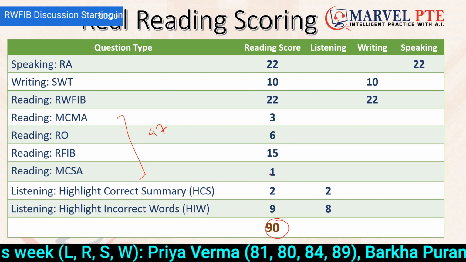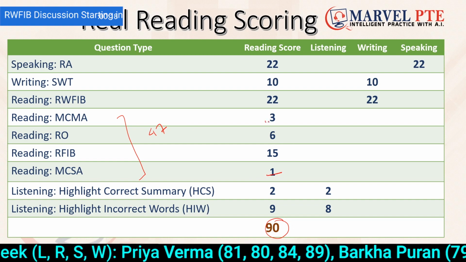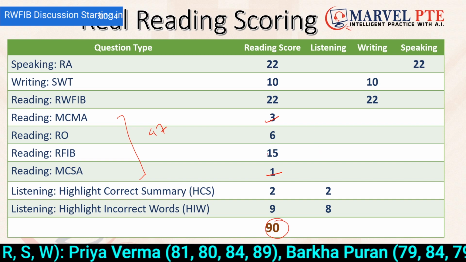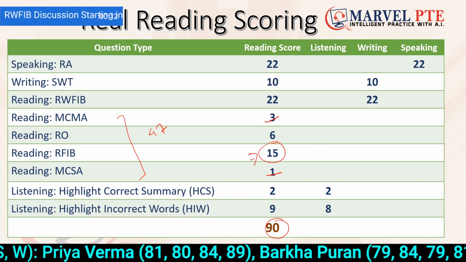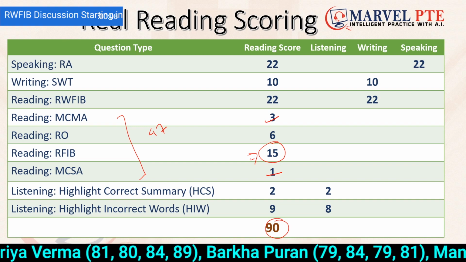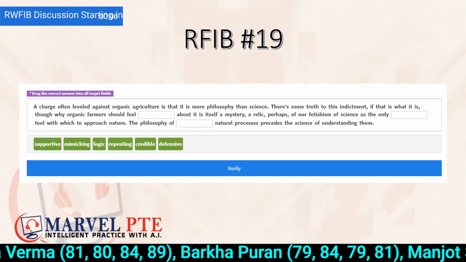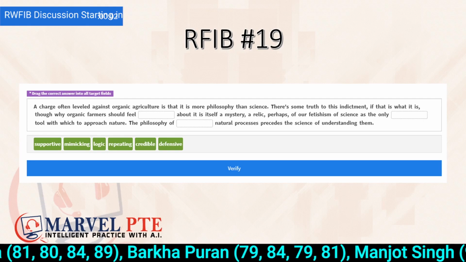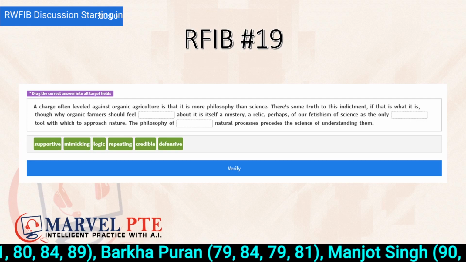Out of that, you can simply ignore multiple choice single answers or multiple choice multiple answers. And today's topic, reading filling the blanks, is quite important because you can score 15 marks for your reading from these. And let's get started with today's topic, and I'm giving you 30 seconds as usual, and then we will skim it.